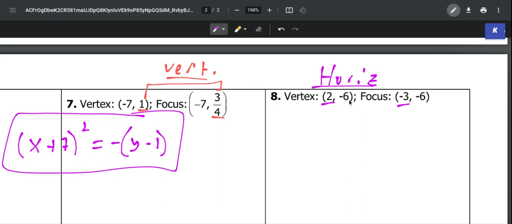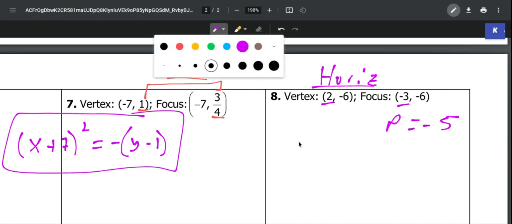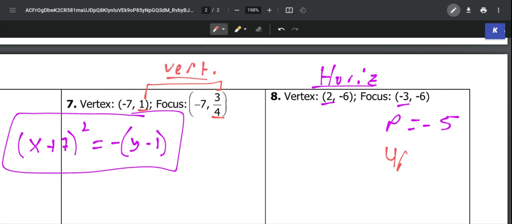And if I want to go from 2 to negative 3, I would actually have to be saying 2 minus 5 would give me negative 3. So that means that p here would be negative 5. So if p is negative 5, that means that 4p is going to be negative 20.